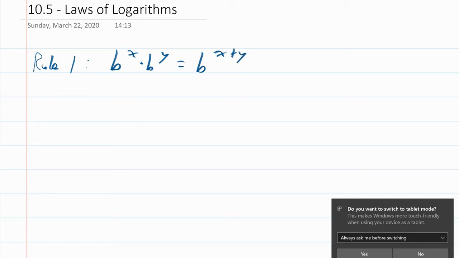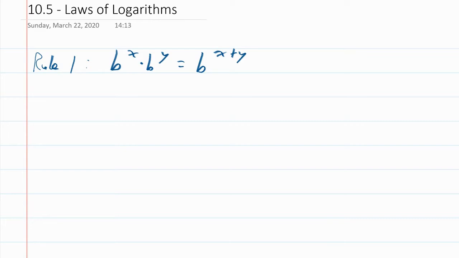Now, each of these laws is going to have a reverse version for logarithms because logarithms are the inverse function of exponential functions. So we'll call this next one reverse 1. Reverse rule 1 says, let's take the log base 2 of x, which is the exponent I would use to raise 2 to get to x, plus the log base 2 of y, which is the exponent I would use to raise 2 to get to y.